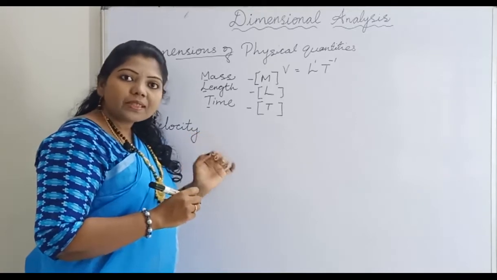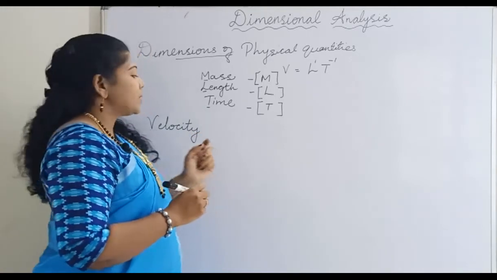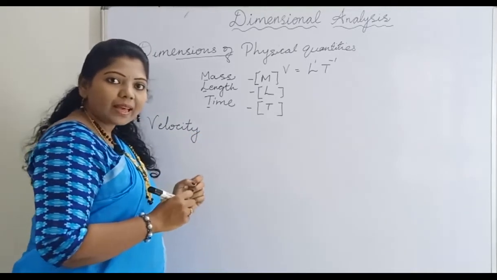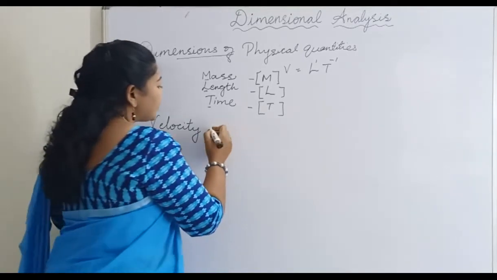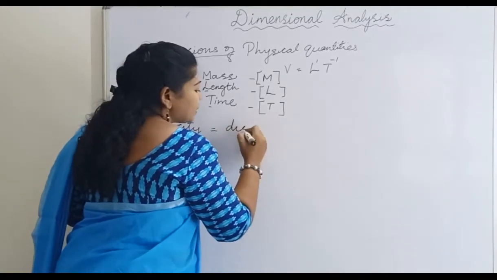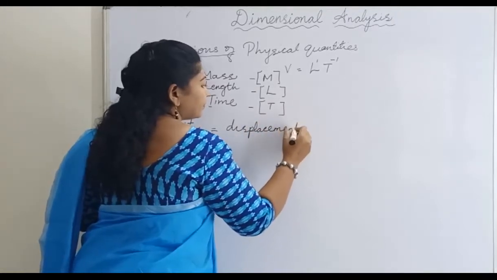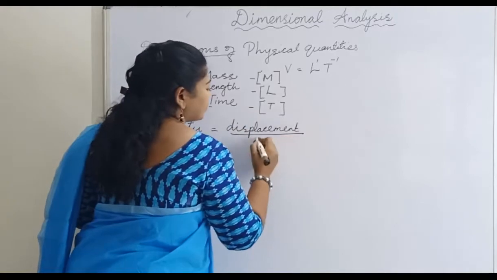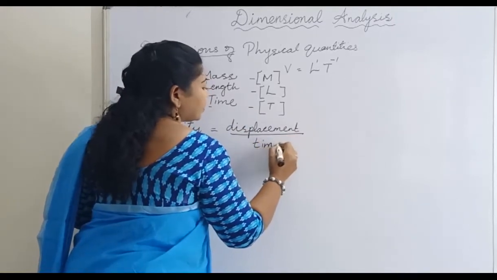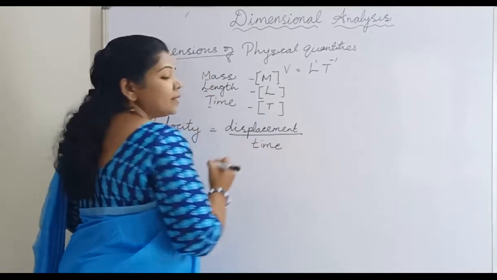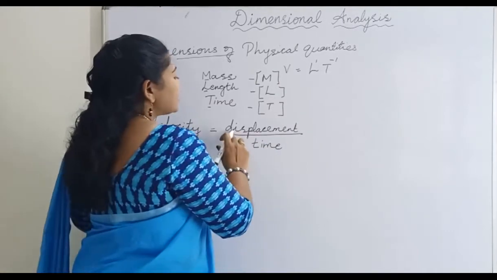What is the expression for velocity? Velocity is equal to displacement by time.